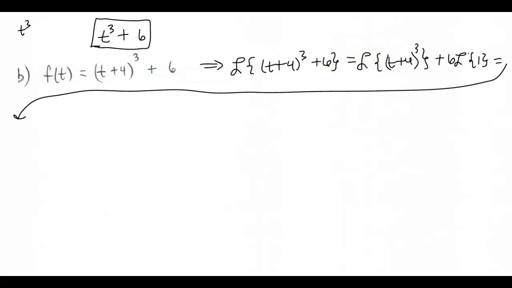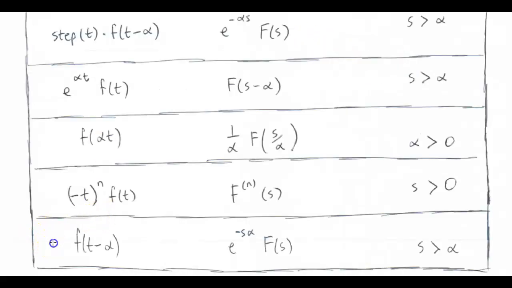If we look at what our identities tell us, whenever we have a shift in the t domain, that means we're going to be multiplying our base Laplace transform function by e raised to the negative alpha times s.